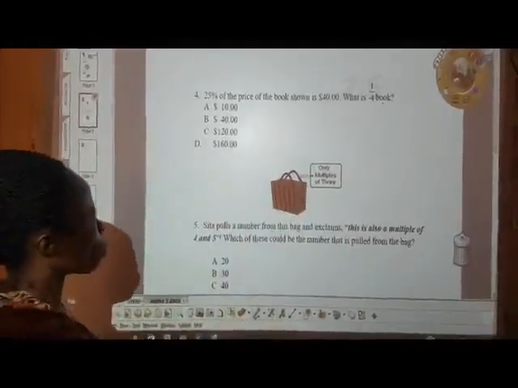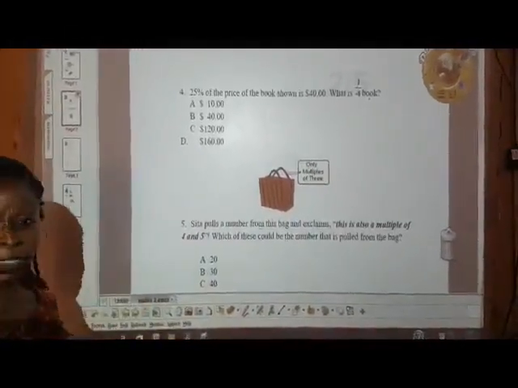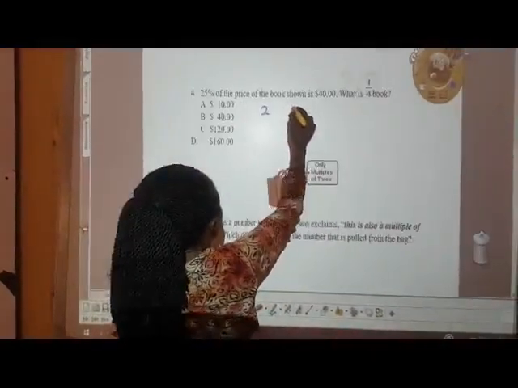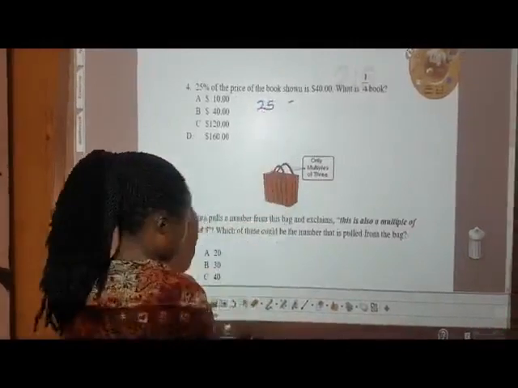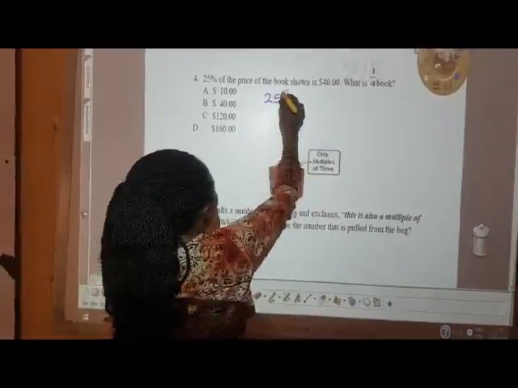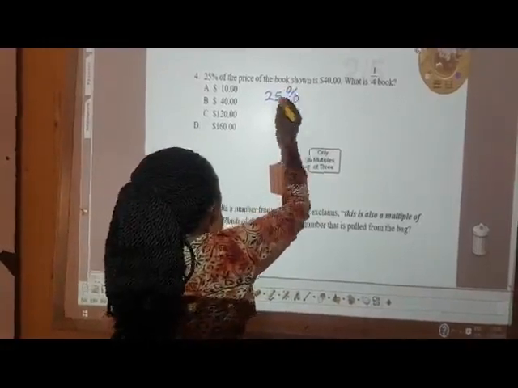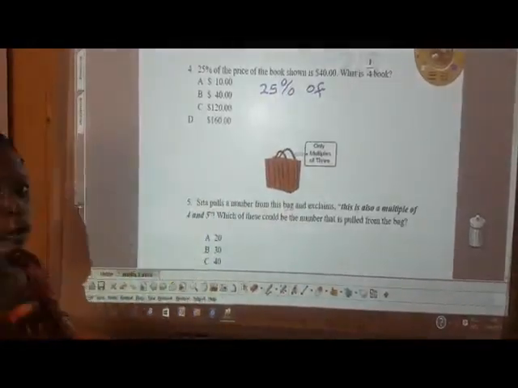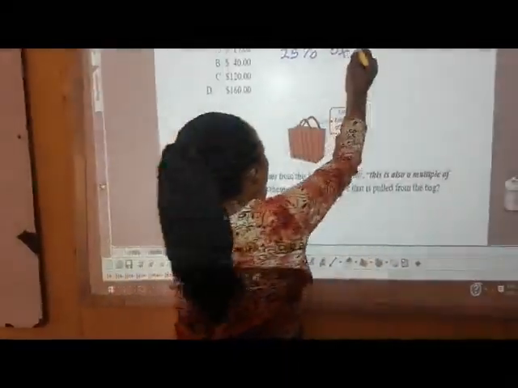Now here is what we are going to do. We have to look for the price of the book given to us. So you write 25% of, remember the price on that book is P dollars.